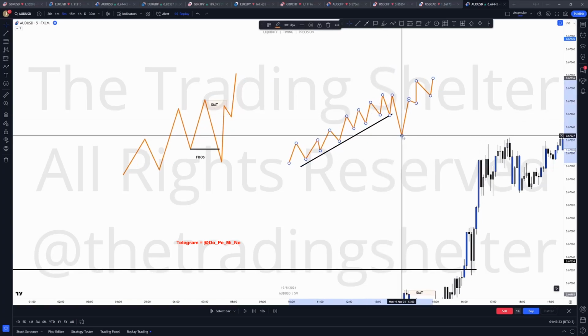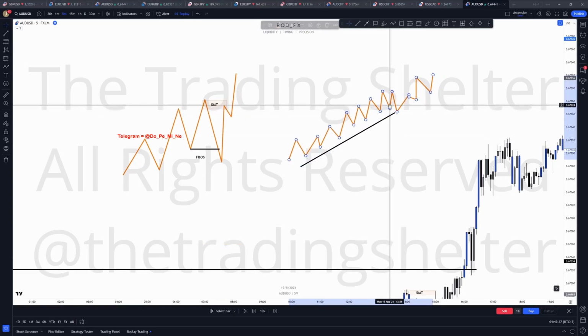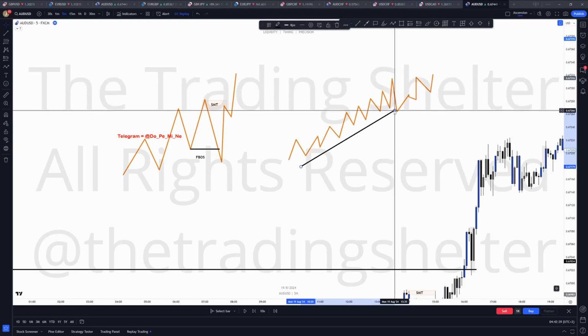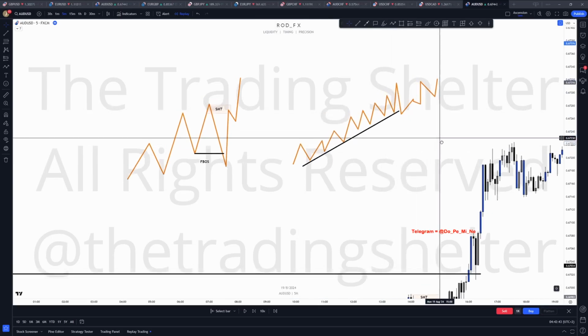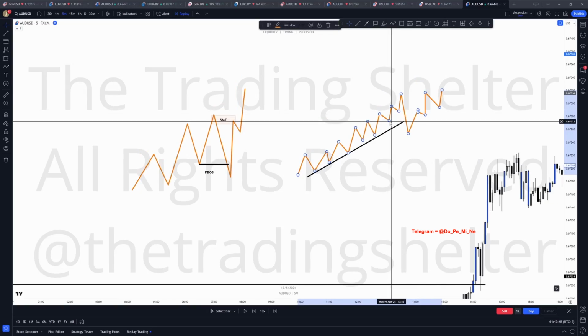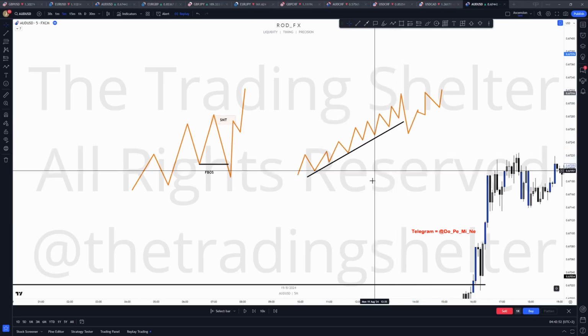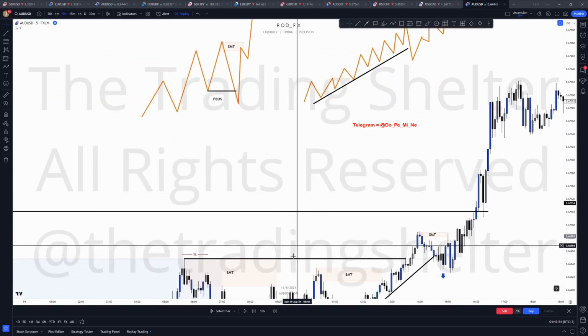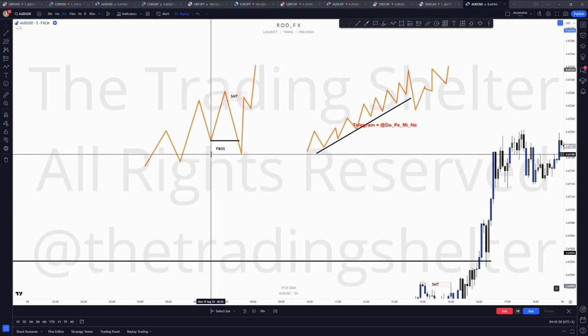So let's say the price would do this, and this, like this. No real structural inducement, super clean, right? Something like that. You get the idea.